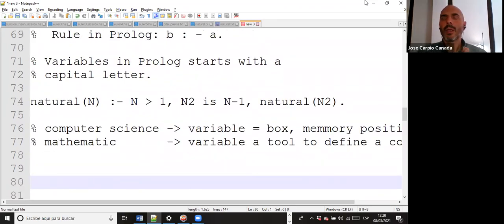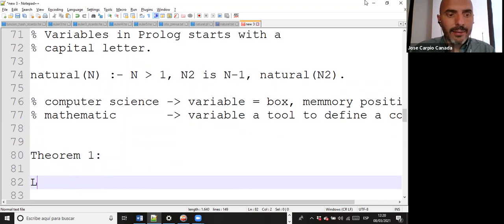For example, remember your first lessons in, I don't know which mathematics lesson, or you may have seen this description of a theorem. Theorem 1. I would say, let x be a natural number.